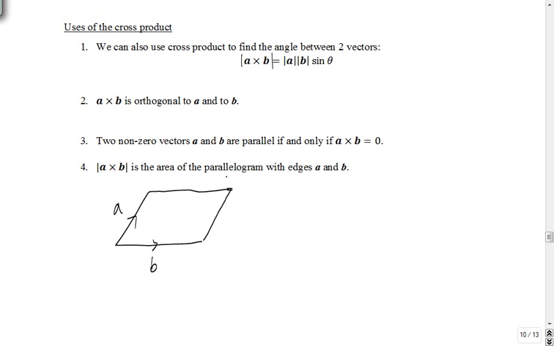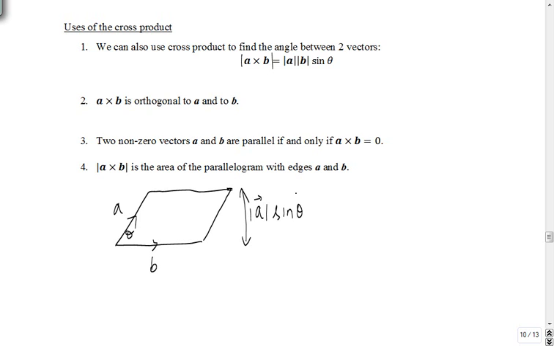Now, let us see why the area of this parallelogram is the length of the cross product. Remember, generally in geometry, the area of a parallelogram is the base times the height, right? So we need to find this height. Good? So let's let this angle here be theta. So the height here, from your trigonometry, would be the length of A sine theta.